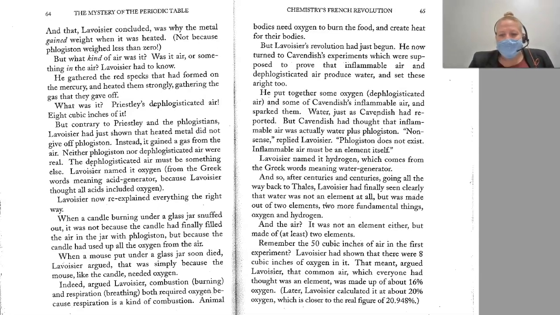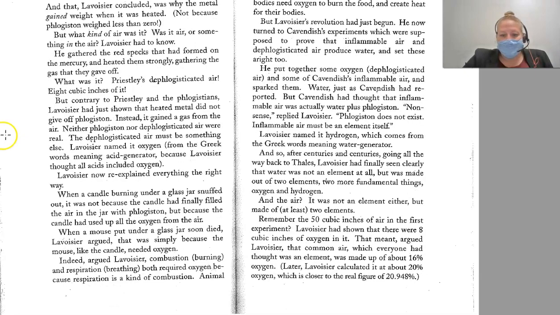Lavoisier had shown that there were 8 cubic inches of oxygen in it. That meant, argued Lavoisier, that common air, which everyone had thought was an element, was made up of about 16% oxygen. Later Lavoisier calculated it to be about 20% oxygen, which is close to the real figure of 20.948%.